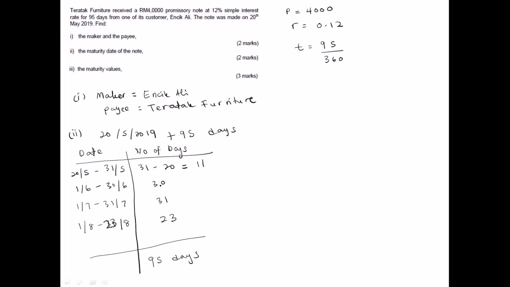Again, 11 plus 30 plus 31 plus 23, total is 95 days. So, maturity date, 23rd of August 2019.